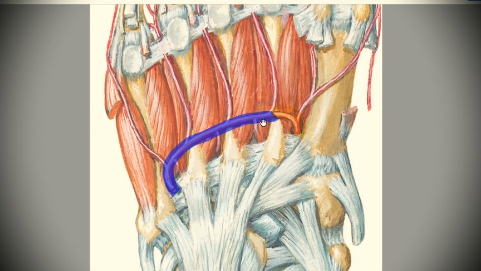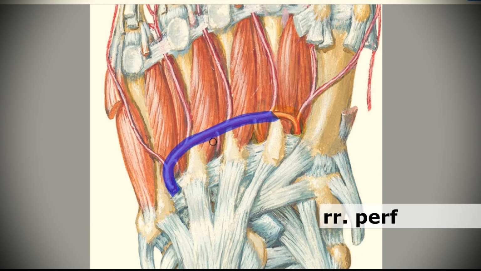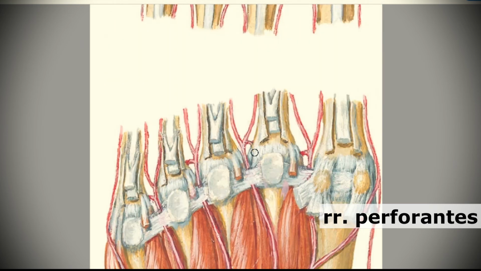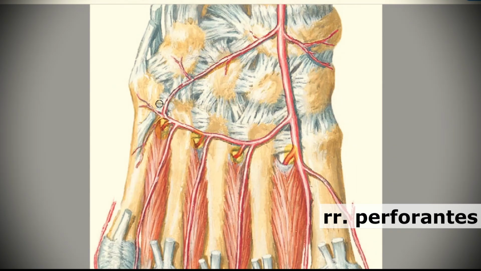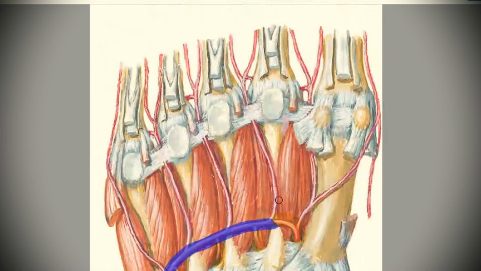As you can see, it gives a lot of branches, and first of them are a few perforating branches, rami perforantes, that penetrate also the second, third and fourth intermetatarsal spaces and create anastomosis with arteria arcuata on the dorsal side of your foot. And then it gives 4 more branches, or even 5.